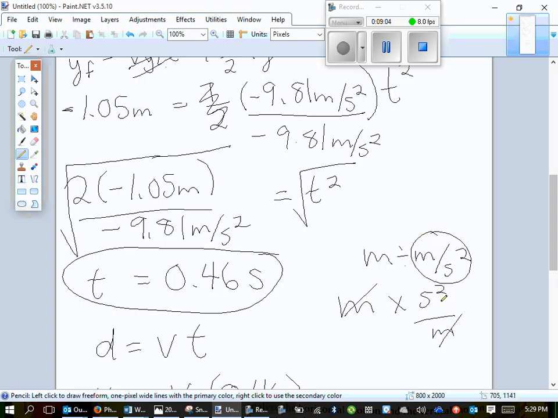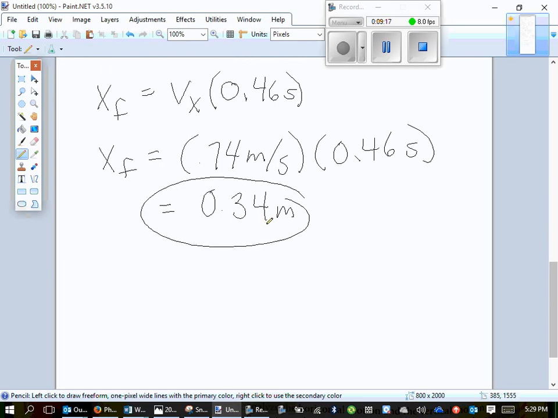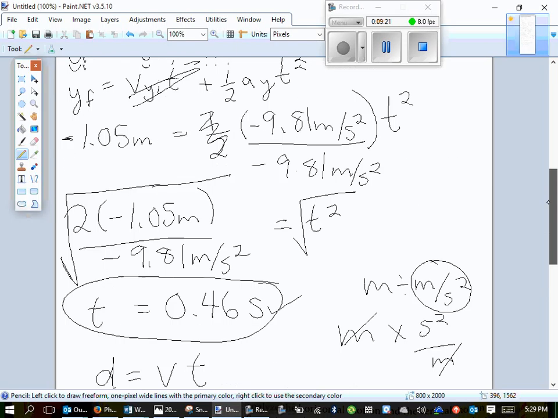Meters cancel out. We're left with seconds squared, but we have square rooted that, so we're left with just seconds. Does that make sense? When you throw a plate, would it take less than a second to hit the floor, a meter? Yeah, that makes sense. And does it make sense that it would go about 1/3 of a meter? Yes, that also makes sense.